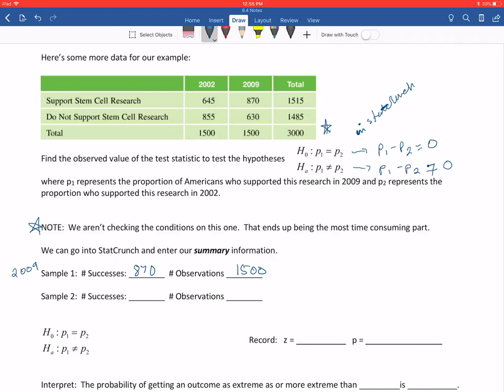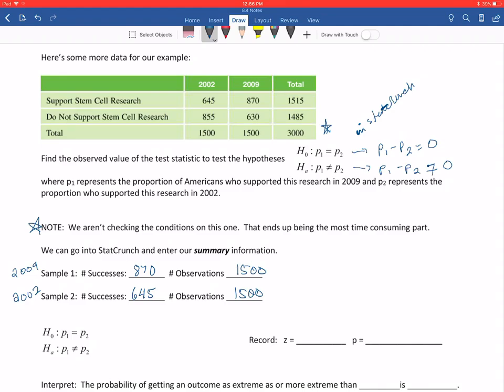So 870 out of the total 1,500. And for sample 2, the 2002 data, there were 645 who supported out of 1,500.